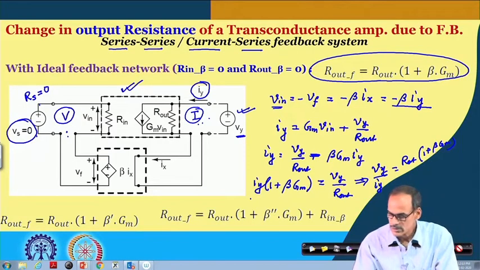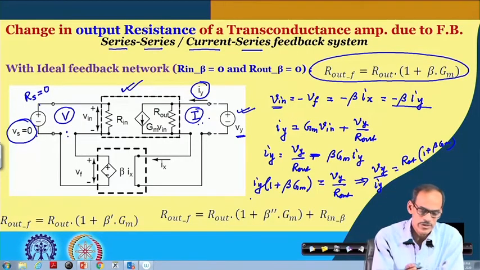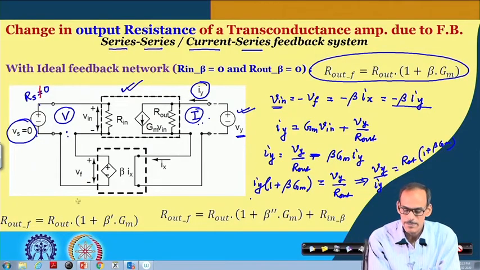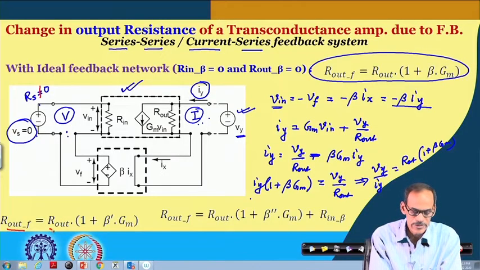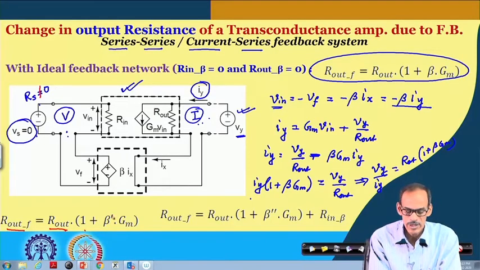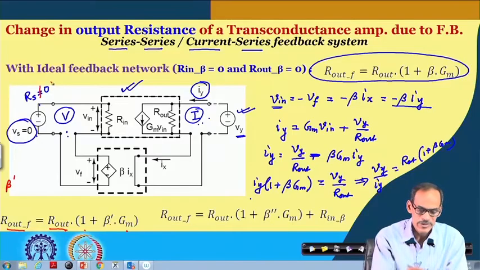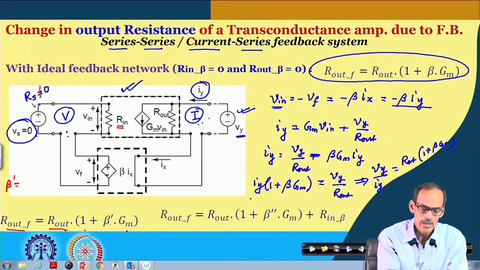Now, again similar to the previous case, if we consider non-ideal factors, namely if I consider this is non-zero, then I have to consider the corresponding beta dashed, and the expression of the final output resistance as we have discussed earlier, which will be R out multiplied by 1 plus beta dashed, the load affected beta dashed, multiplied by G m, where this beta dashed in presence of this resistance is coming due to the potential division happening between this R in and R s.